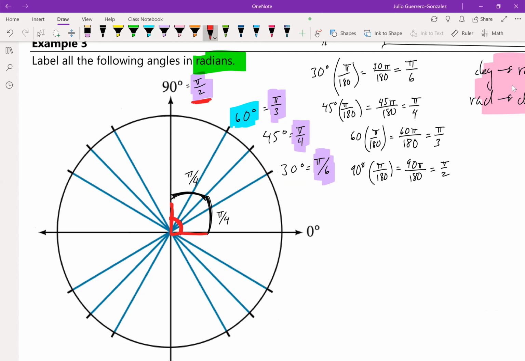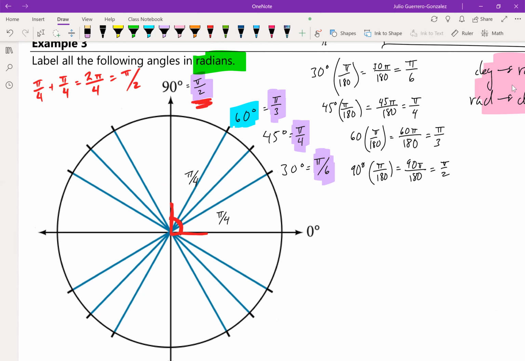And everything still works out the same way, because pi over 4 plus another pi over 4 is 2 pi over 4, and this reduces to pi over 2, which is exactly what it's supposed to be. All is right with the world. Does that make sense?